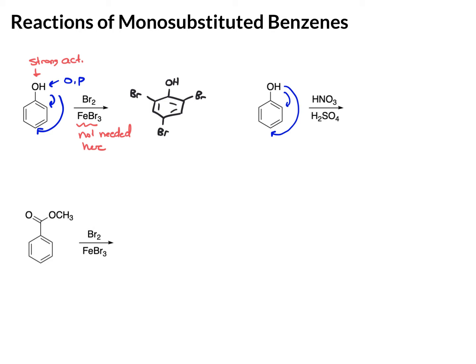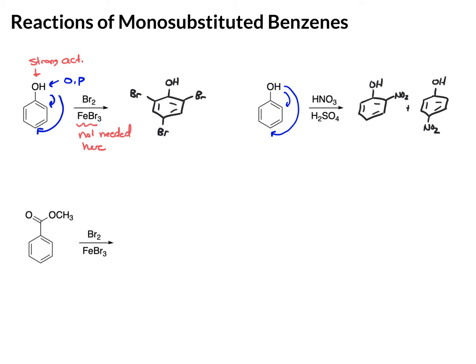So what we'll draw here, we will get an ortho product. So here's the OH with an ortho nitro, plus we'll get a para product. So unless it's a halogen, just expect to draw the 2 separate products.